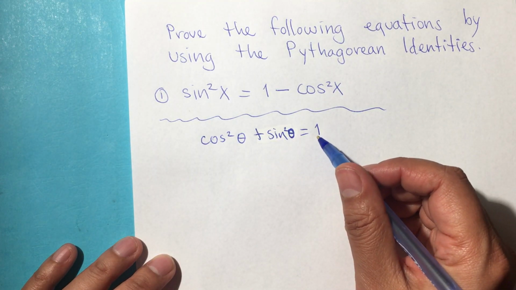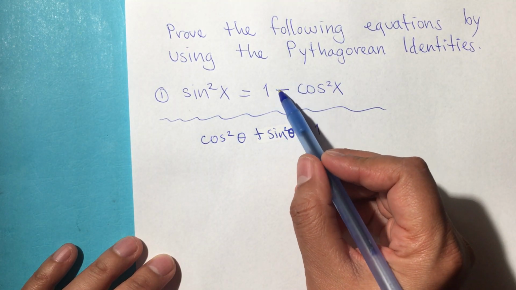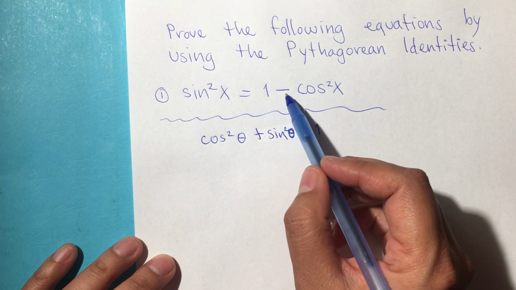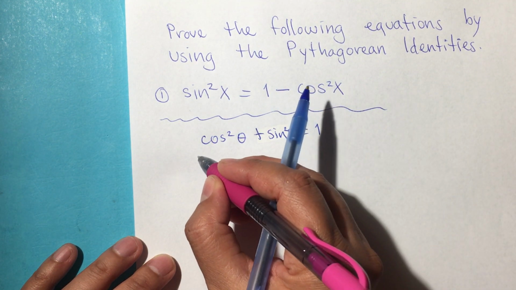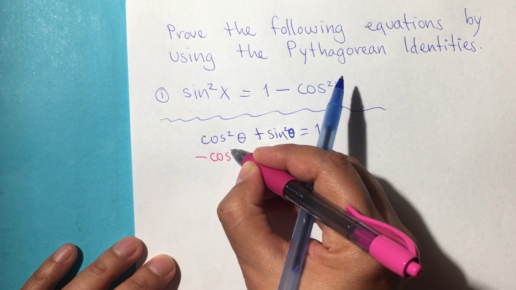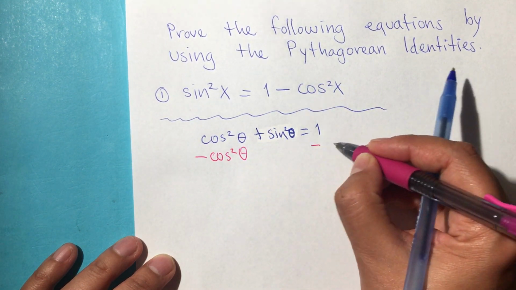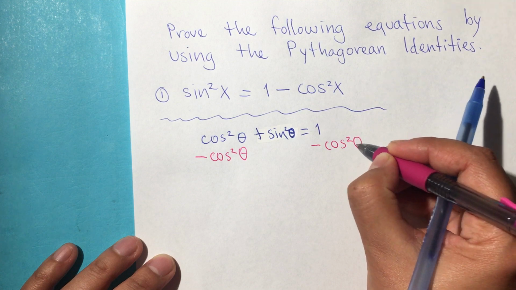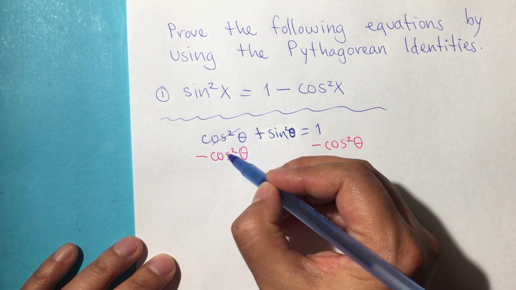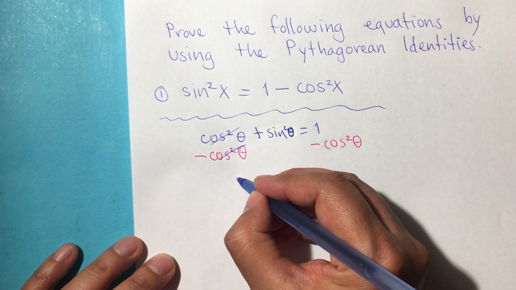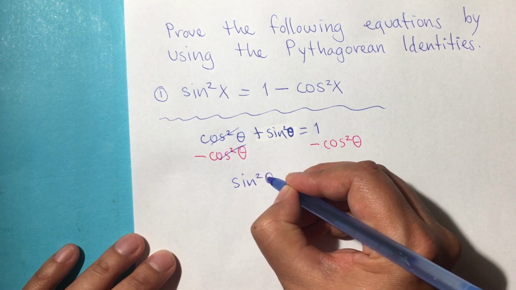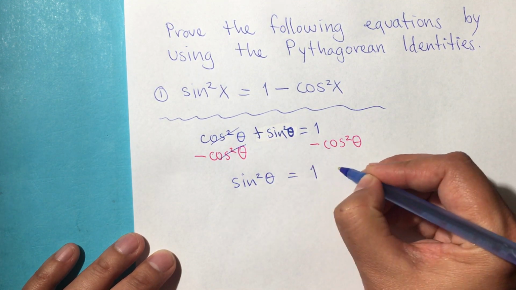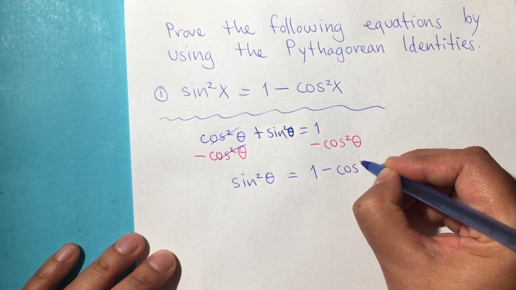And so if you notice in here, we want to derive to 1 minus cosine square of theta. So that's easy. All I have to do is subtract cosine square of theta from both sides. This cancels. And now you have sine square of theta equals 1 minus cosine square of theta.